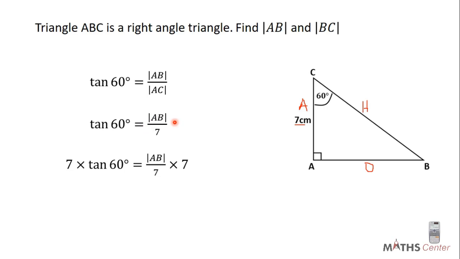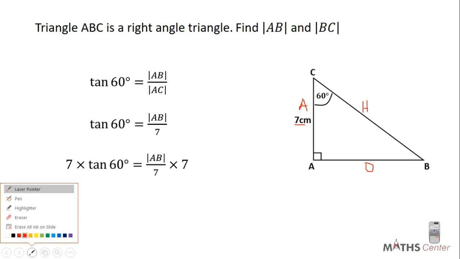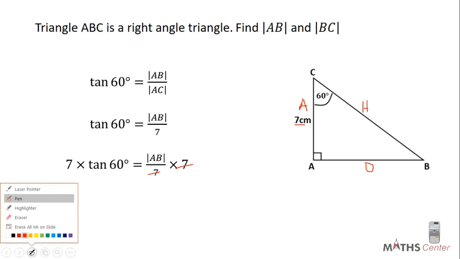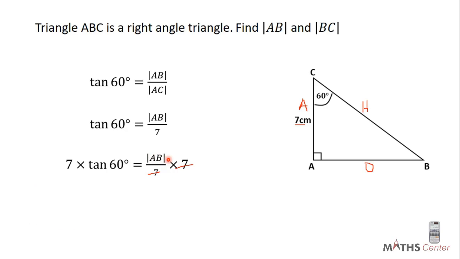You multiply the left-hand side by 7. You multiply the right-hand side by 7. Now, this 7 will cancel this 7. So we will say that the length AB is equal to 7 times tan 60.